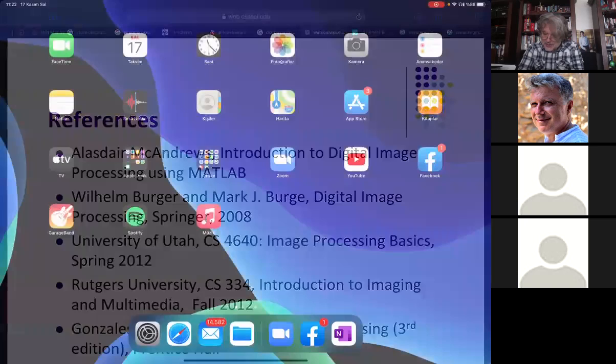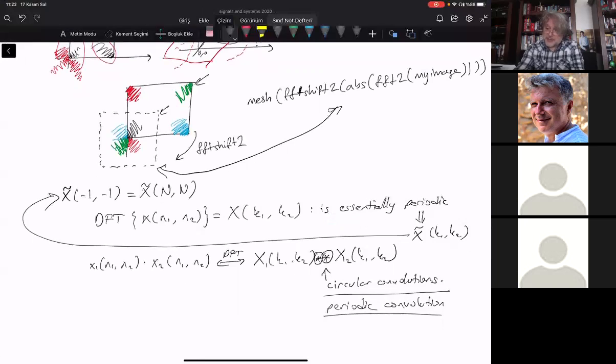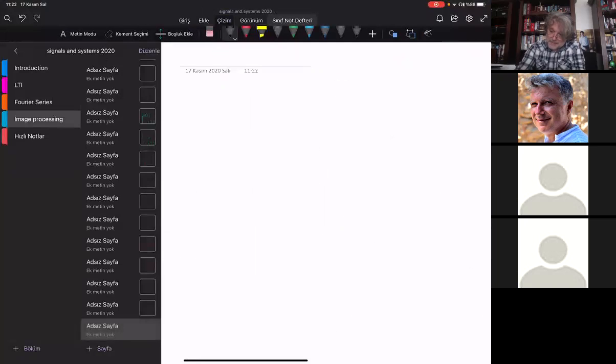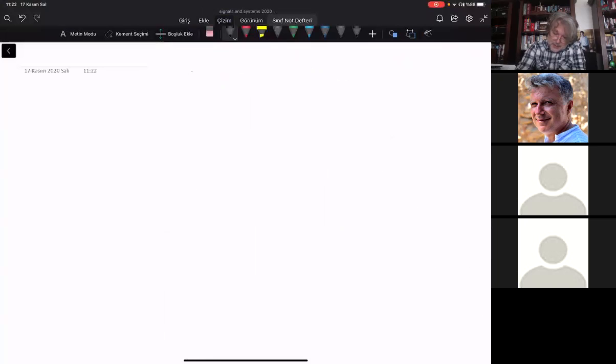So much about discrete Fourier transform. Now I can quickly proceed with the discrete cosine transform, abbreviated by DCT. Now, DCT is the real part of the Fourier transform. You can think of it like that.